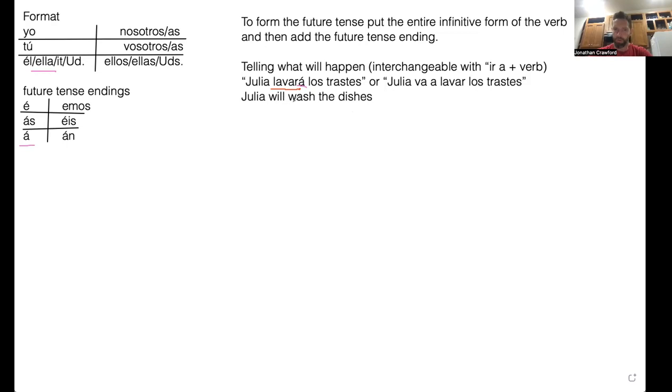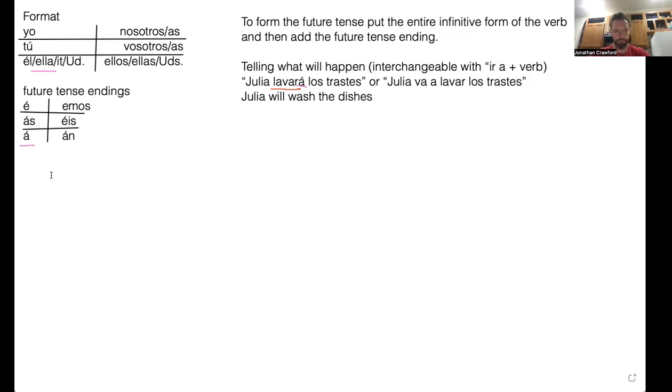Julia will wash the dishes. Lavará. Notice that this is for any one of the three categories, AR, ER, or IR. It doesn't matter if it's an AR verb, an ER verb, or an IR verb. It's always going to get this ending. So you can use the future tense to tell what will happen.